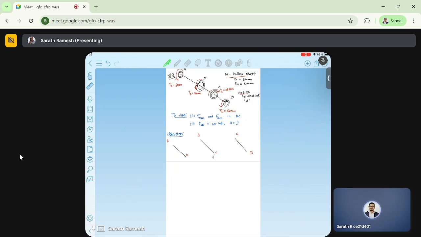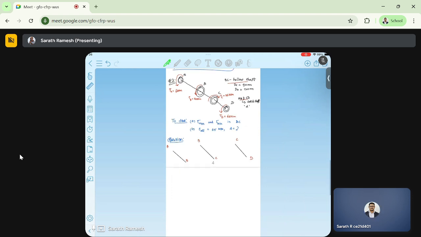At A, the torque is going in this direction, so my thumb is going to point towards this. This is TA. And at B, by Newton's third law, I have cut the section at B. For every action there is an equal and opposite reaction.